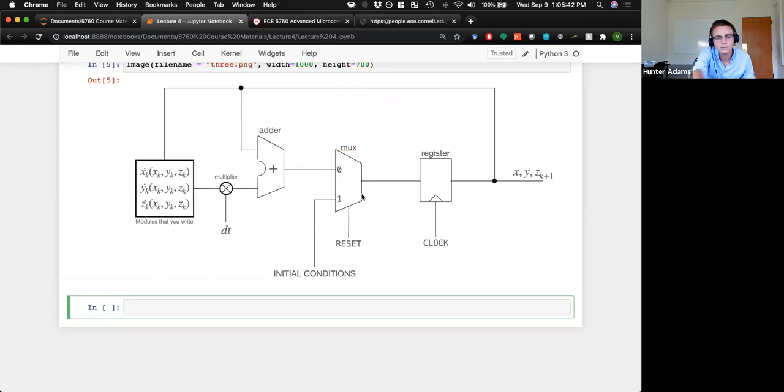So there's a multiplexer here that allows you to pass in the initial conditions for X, Y, and Z, or alternatively, to pass back the values that you just calculated. And your previous value then gets stored in this clocked register. So when you clock this register, you get the new values for X, Y, and Z at time step k plus 1. And you do all this again.